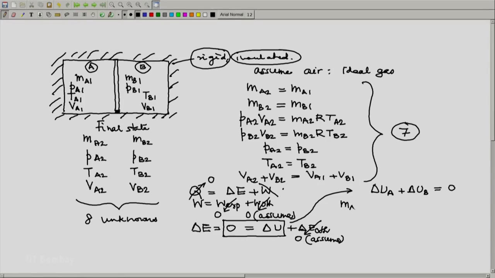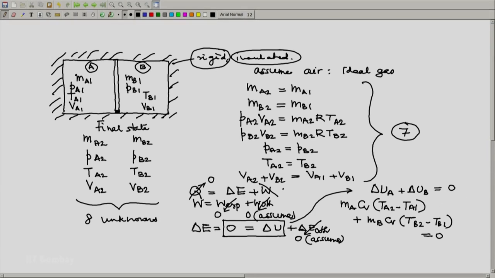In fact, the general expression would be MA CV, I am using the same CV and making a minor assumption that let us assume CV to be constant, then delta UA will be TA2 minus TA1 plus MB CV TB2 minus TB1 is 0.